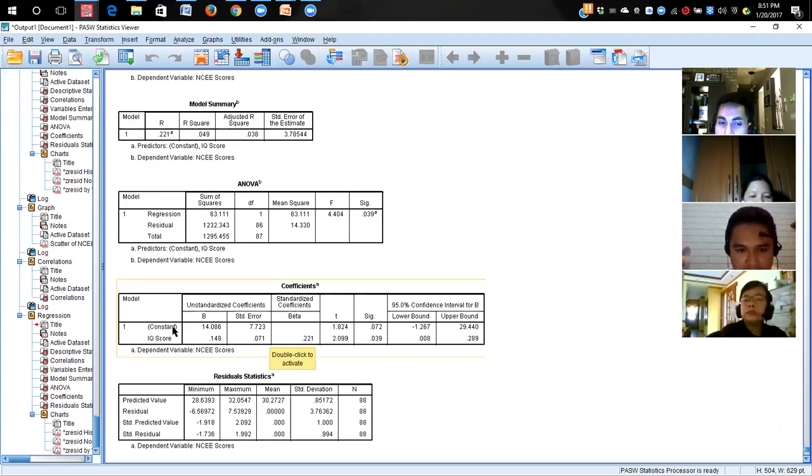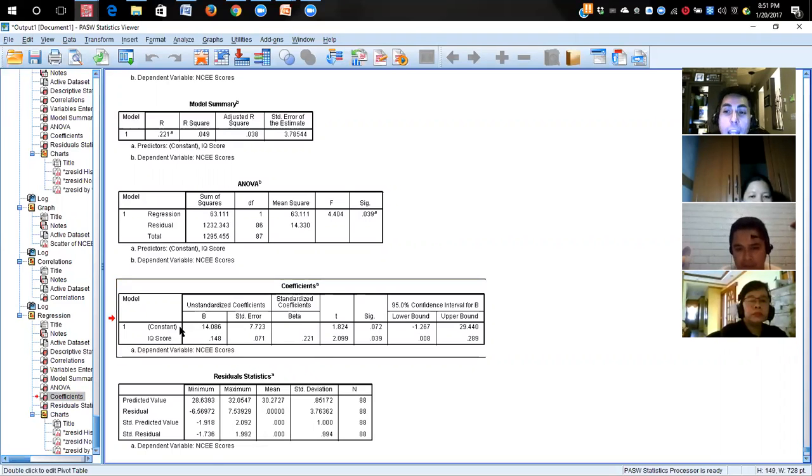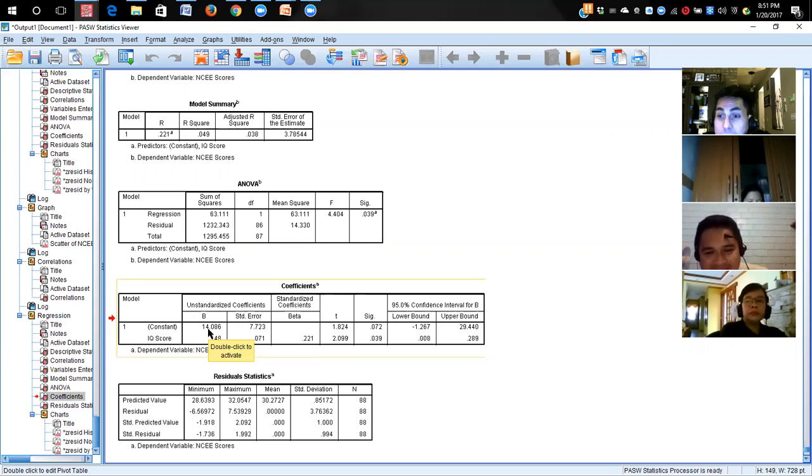What it tells you is that if your IQ is 0, your NCEE score will be 14. That's what it means, okay? Because in regression modeling, your independent variable is the predictive variable.